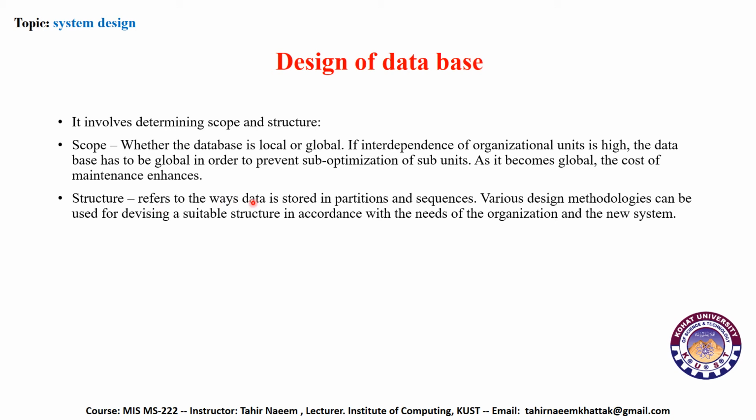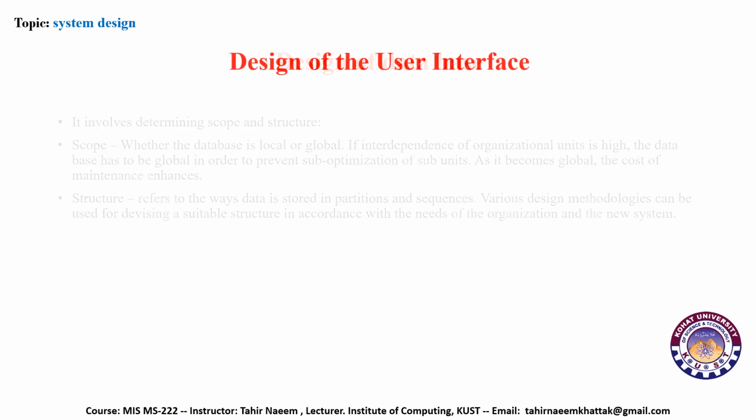Structure refers to the way data is stored in a partition and sequence. Basically, structure is the way in which data is stored. Various design methodologies can be used for devising a suitable structure in accordance with the needs of the organization and the new system. So a structure must be built so that partition and sequence are optimized.